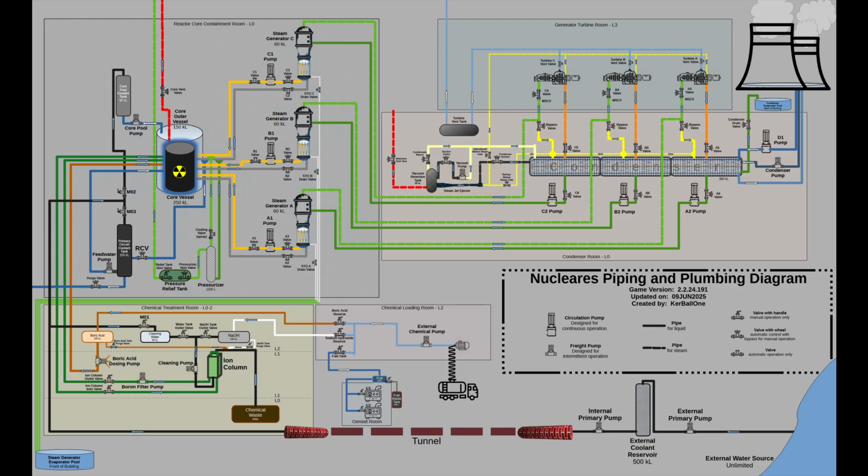Like I said, it might feel like a lot to look at and take in, but if you do it block by block of the sections of the plant, you'll slowly understand the entire mapping of the plant layout of the piping and the pumps and the valves and all that.